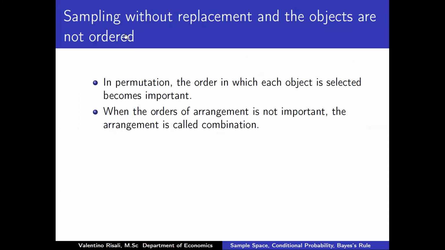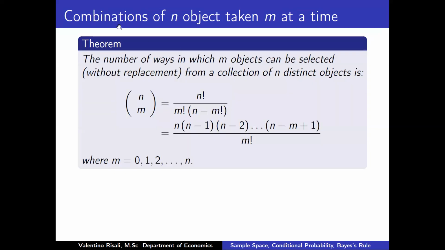And then we go to the third case, that is sampling without replacement and the objects are not ordered. Not ordered means we don't care about the order. It is different from the permutation, because in this case the order of the arrangement is not important, and the arrangement is called a combination. How do we count the number of combinations?